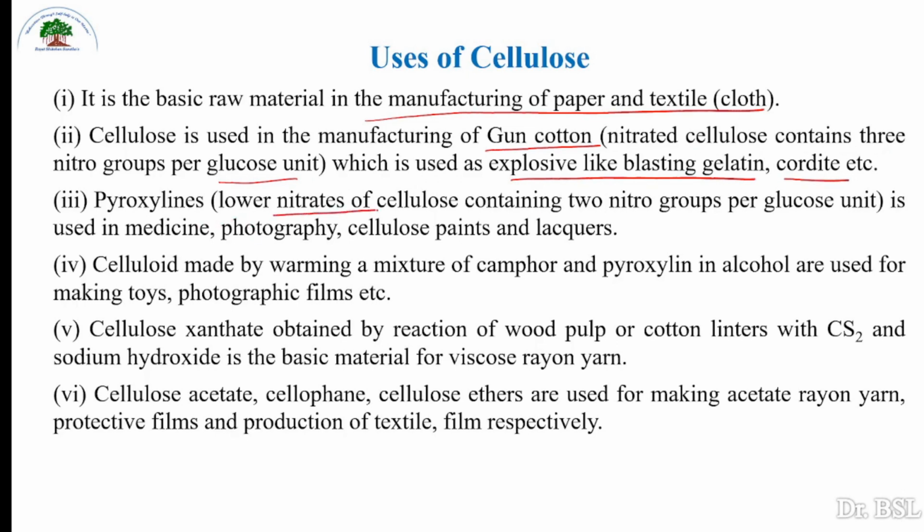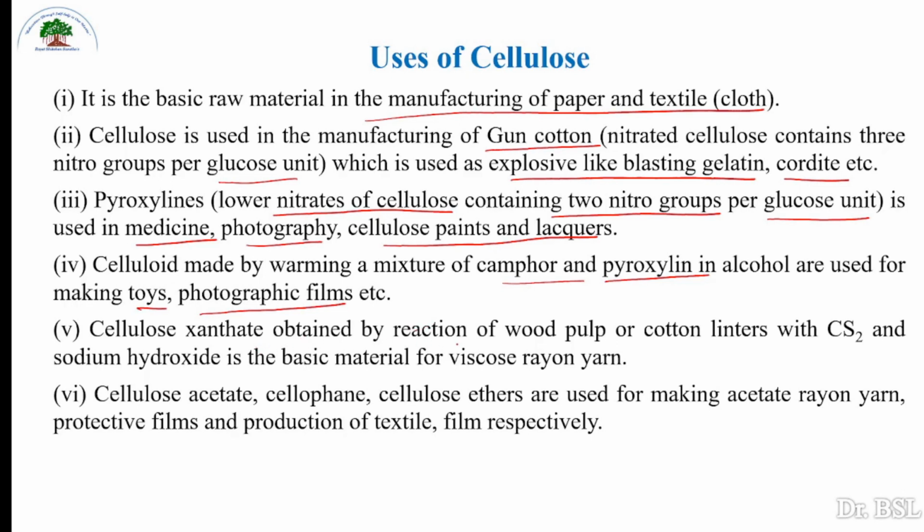Pyroxylins, lower nitrates of cellulose, contain 2 nitro groups per glucose unit, and these pyroxylins are used in medicine, photography, paint, and lacquers. Celluloid, made by warming a mixture of camphor and pyroxylin in alcohol, is used for making toys and photographic films.